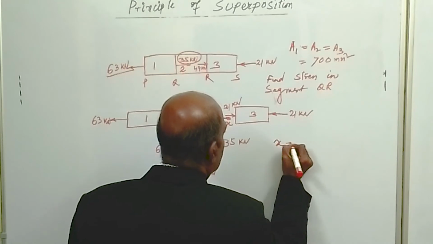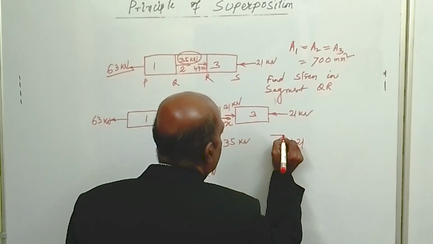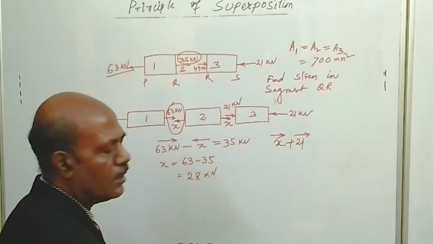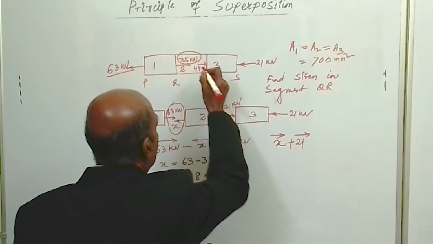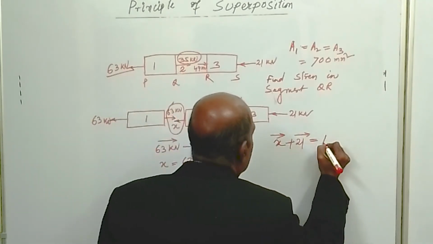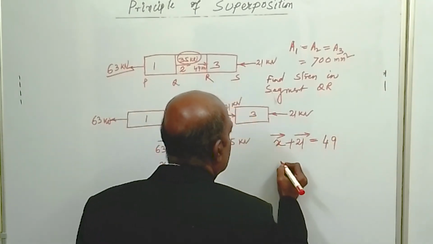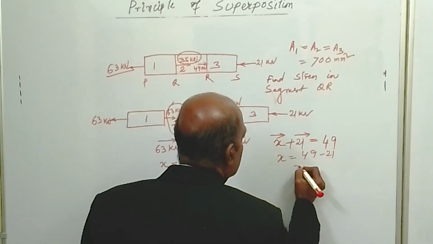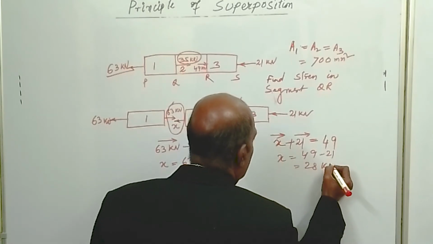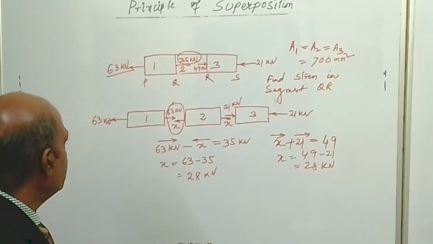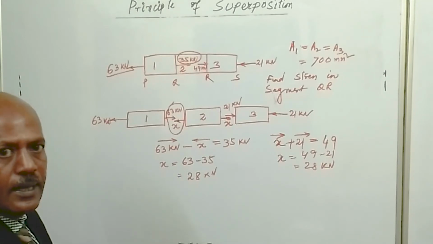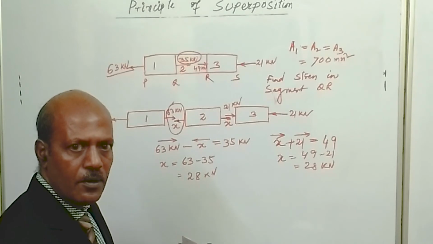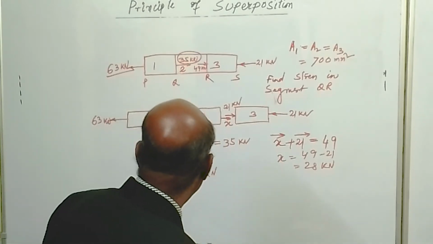So x plus 21 equals 49, so x is equal to 49 minus 21. So it is coming 28 kilonewton. So it is clear what is the force acting in segment 1 or segment 2 or segment 3.